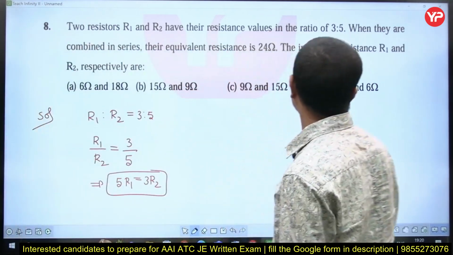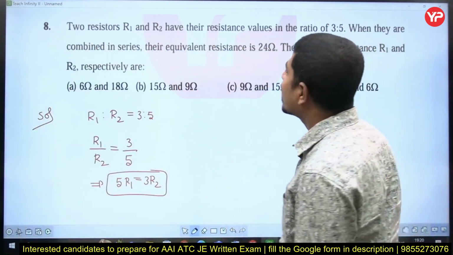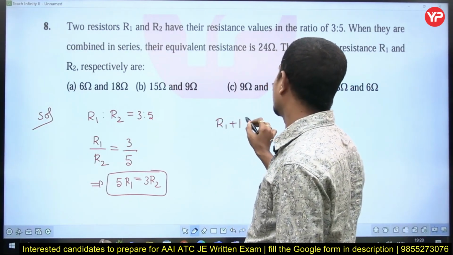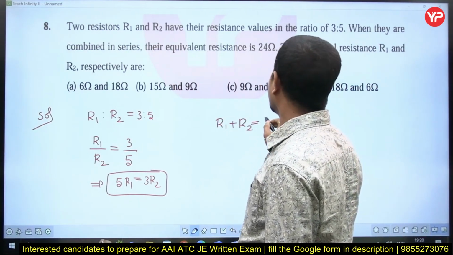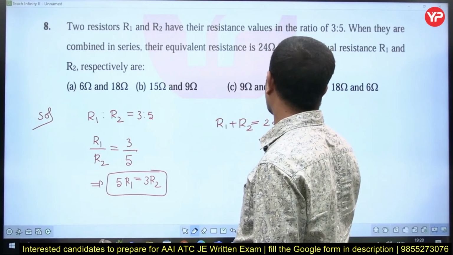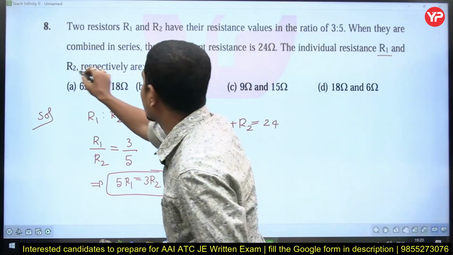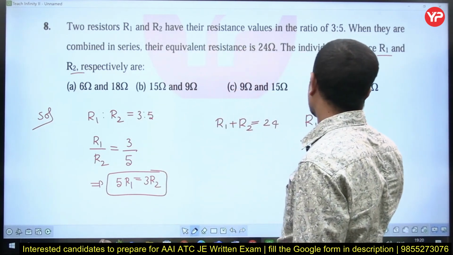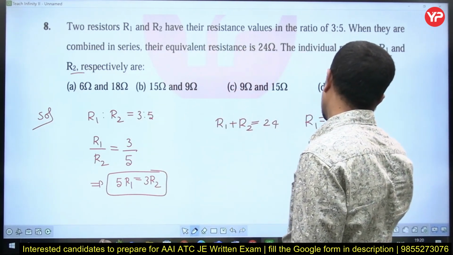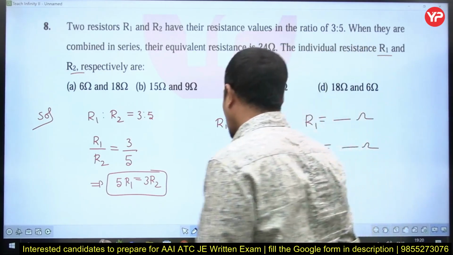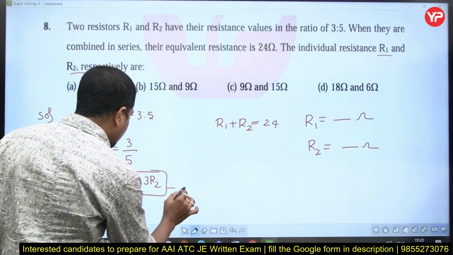Then he is saying that when they are combined in series, and a series combination of resistances means direct addition of resistances, their equivalent resistance is 24 ohms. He is asking us to find R1 is equal to dash ohms and R2 is equal to dash ohms. Now what we got: 5R1 is equal to 3R2.